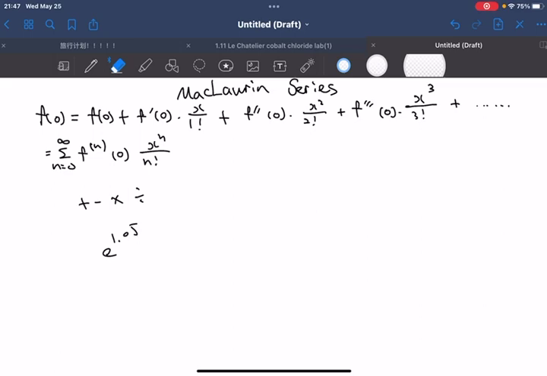So it will use a Maclaurin polynomial to get an estimation of the approximation of the value, so that the calculator is able to give out a value.